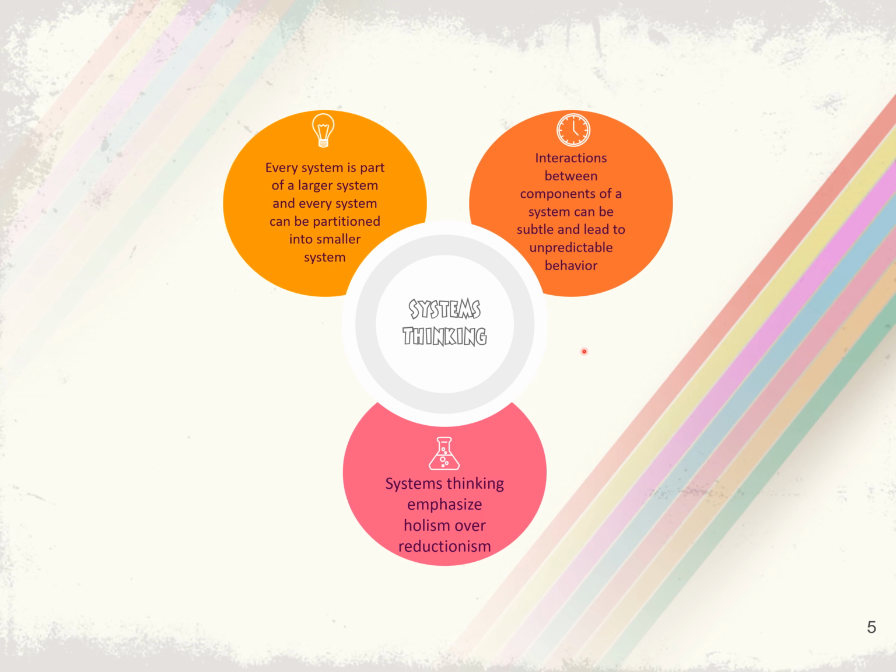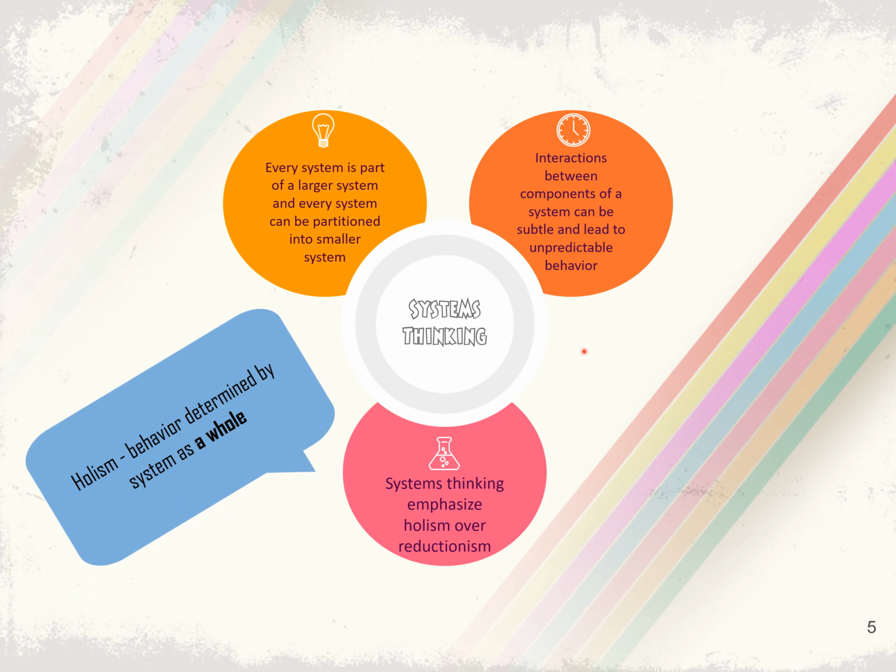Systems thinking emphasizes holism over reductionism. So what is holism? Holism is the behavior determined by the system as a whole. You look into the whole thing that the system comprises, and then you can understand the system. That is the holism perspective.